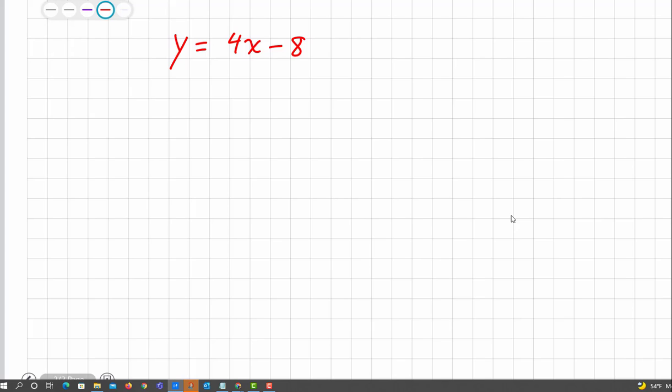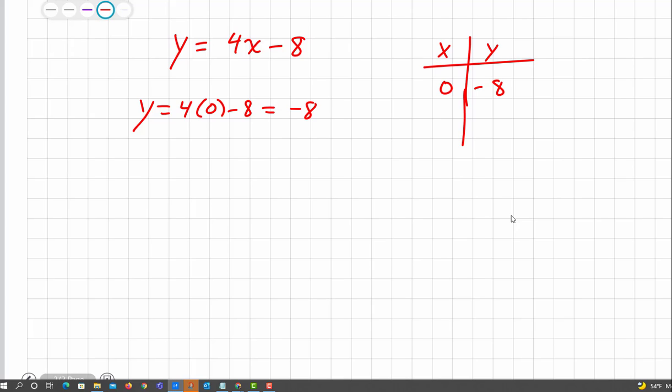One way that you can do this is you can just simply make an XY diagram here, and you can plug in any number in the world that you want for x. I always say pick 0 because that works so nicely. If I plug in 0 for x, then I can see my y is -8.